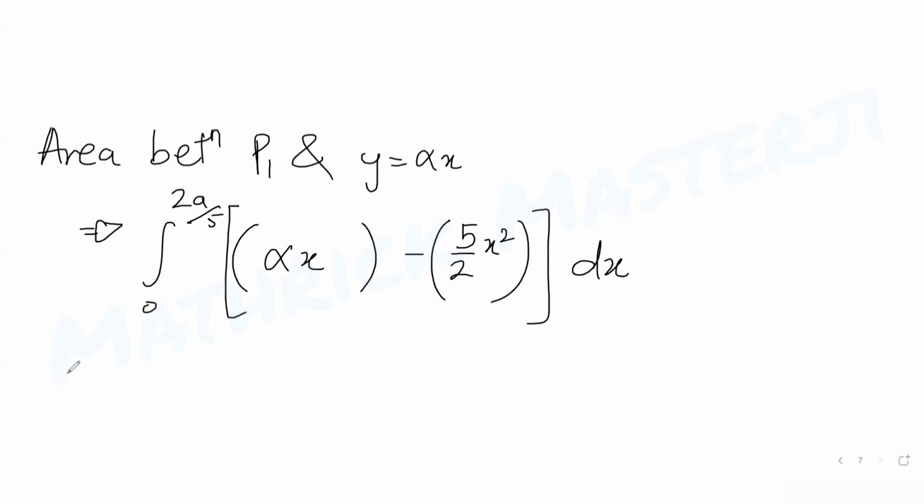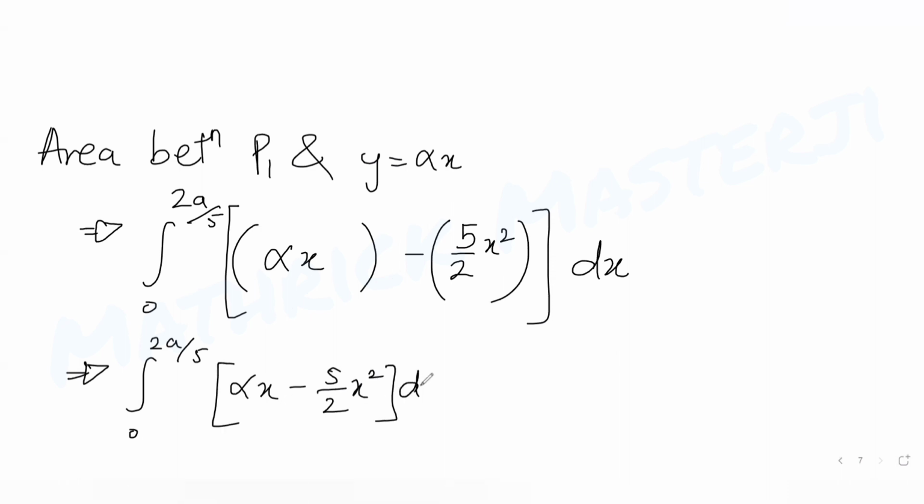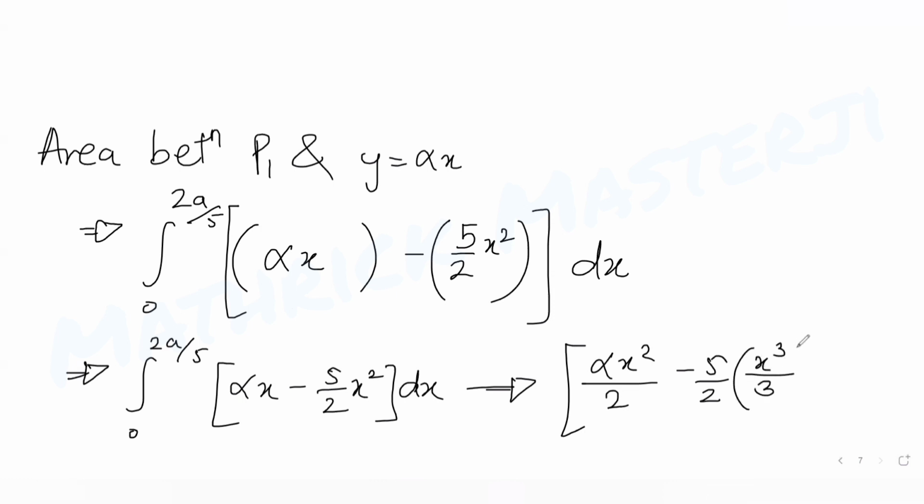Now if I solve this, I get the integral from 0 to 2 alpha by 5 of alpha x minus 5 by 2 x square. Applying the integral first and then the limits, I get alpha x square by 2 minus 5 by 2 times x cubed by 3, with limits from 0 to 2 alpha by 5.